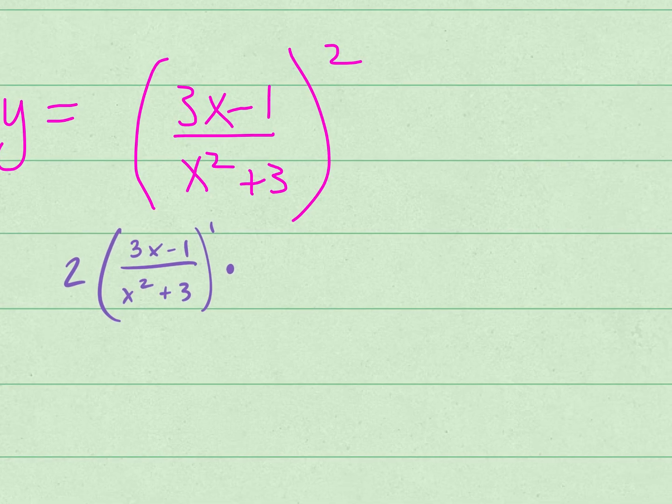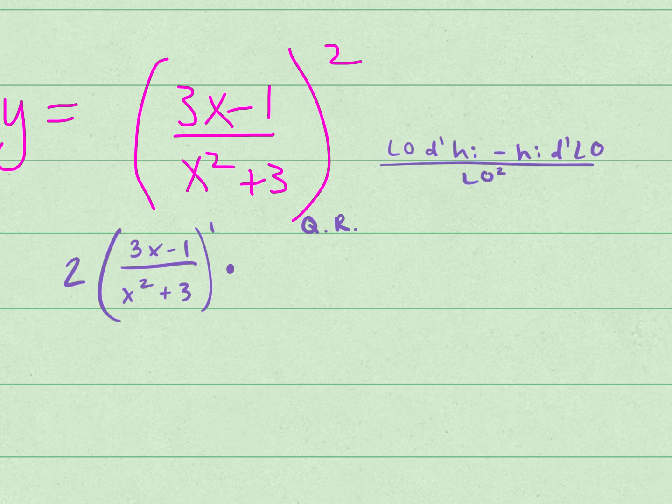What do we have to do to find the derivative of the inside? Our quotient rule, low d high minus high d low over low squared. So our low is x squared plus 3 times the derivative of what's up high.